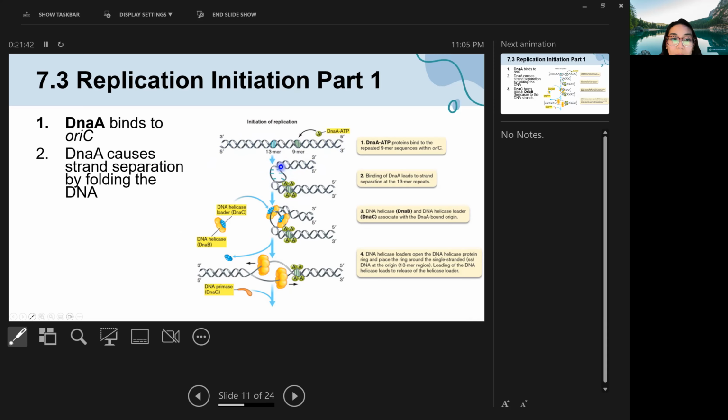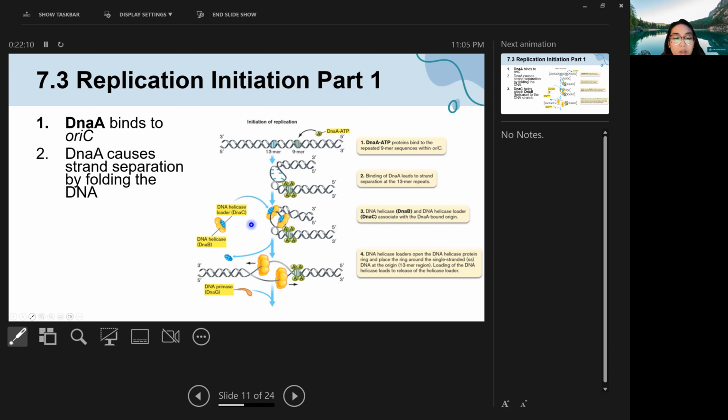Now that we've opened up the two strands, we can add all of our enzymes that are required for DNA replication. The first one is going to be the DNA helicase. DNA helicase, which is DnaB, helicase and DnaB are the same thing, is going to come, and it also comes with this DnaC. DnaC is what we call the loader.